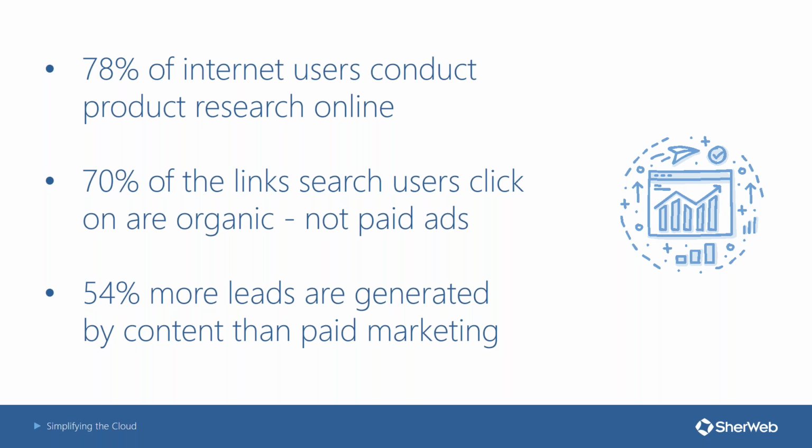And after that, you have organic results, which means that it came naturally. Google ranked that page higher than its competitors. We're going to go a little bit deeper on that later, but it's really important to know that you don't necessarily need to pay to get at the top. And 54% more leads are generated by content than by paid marketing. So that's also pretty important to note.